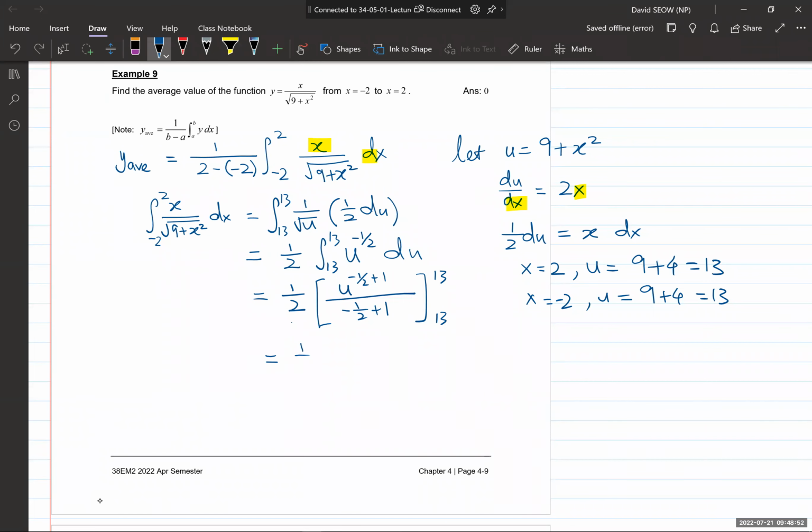This will be half over 2, u to the power of 1 half. End up will be square root 13 minus square root 13 equal to 0.